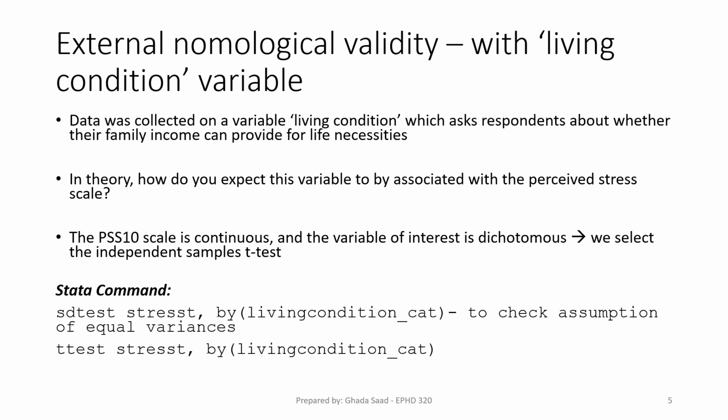Using the commands shown on the slide below, we should first check the assumption of equal variances among the groups. In our case, the assumption holds, and we continue to run the independent sample t-test with equal variances.